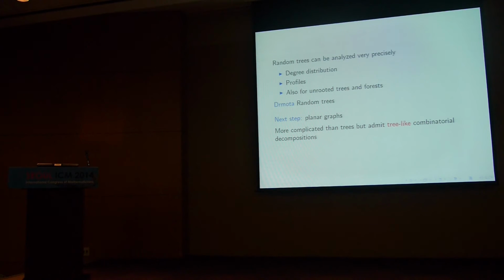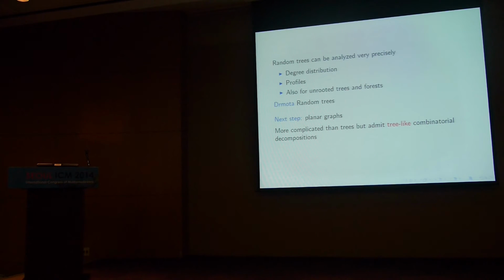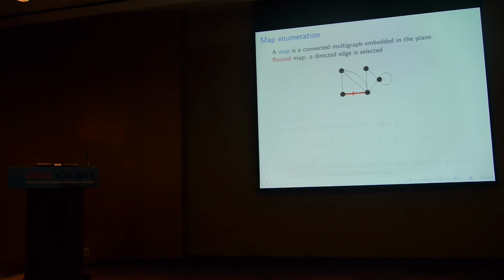The kind of decompositions and the kind of equations you get are qualitatively of the same kind as we have seen, but more involved, with more machinery and maybe with more complicated singularities, but they really look like this. So the starting point is the enumeration of maps.